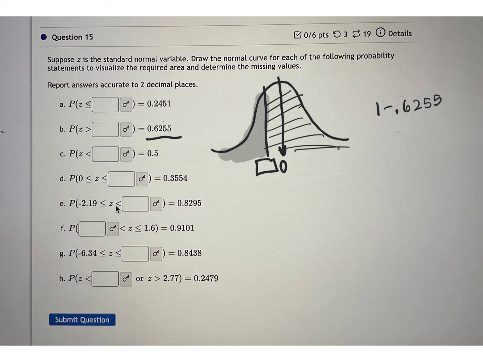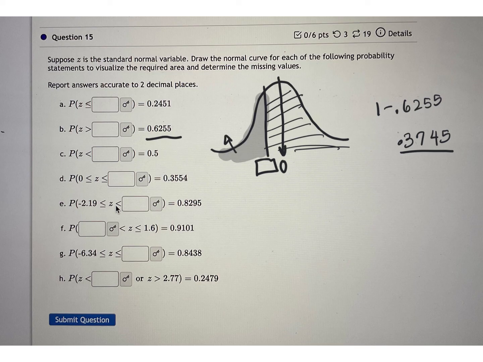So again, I'm going to calculate that. 1 minus 0.6255. And again, I'm going to go to inverse normal. I'm going to type in this area. This is the area to the left of the number that I'm looking for.